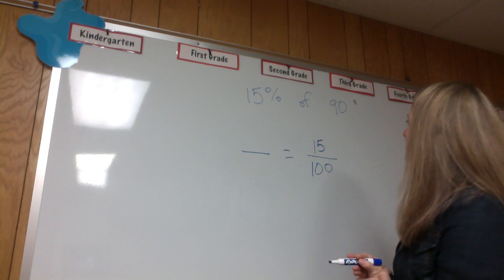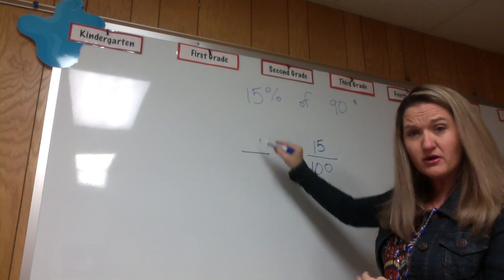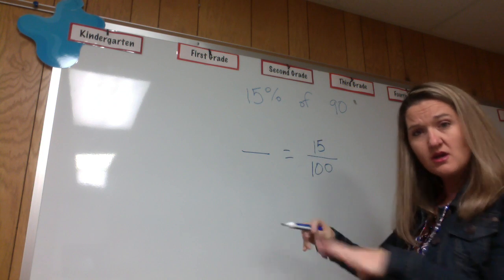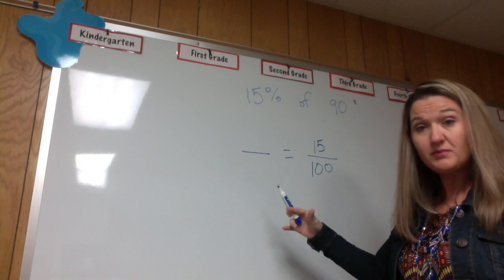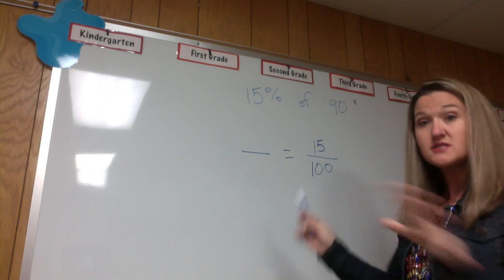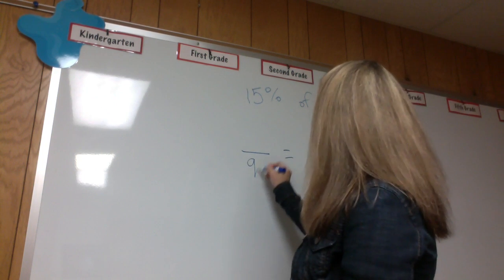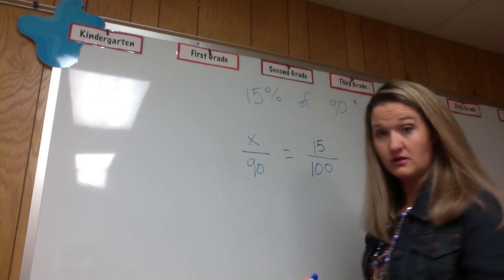Then for the second part, remember we've got part over whole. We're trying to find 15% of 90. So is 90 the big piece that something's coming out of? Yeah, and the answer we know should be smaller than 90. So 90 is the whole, and we're looking for the part.